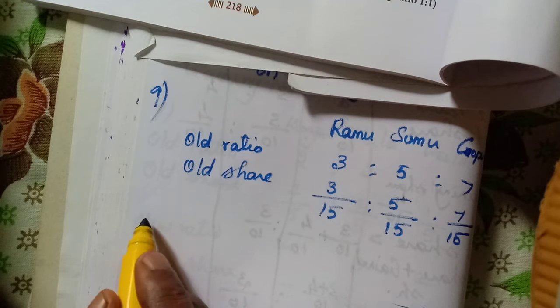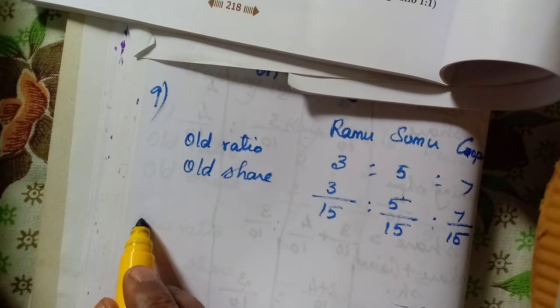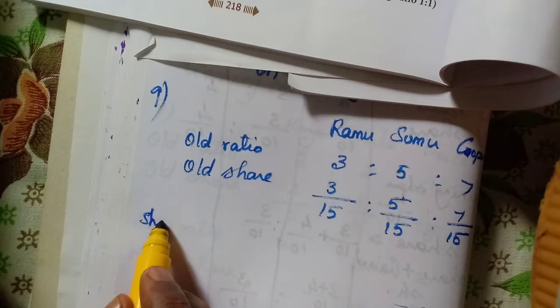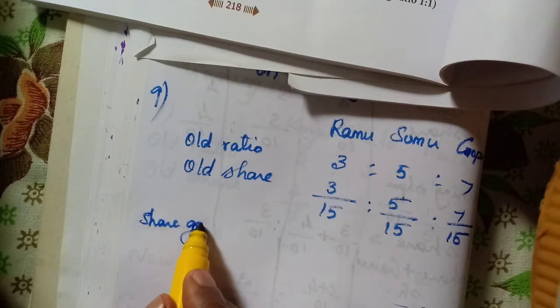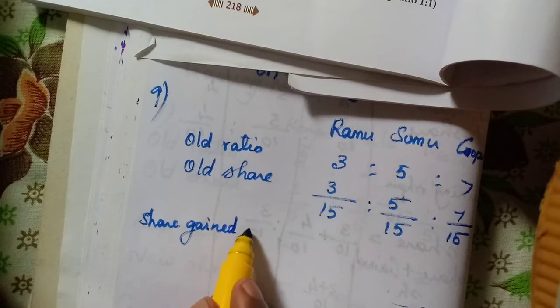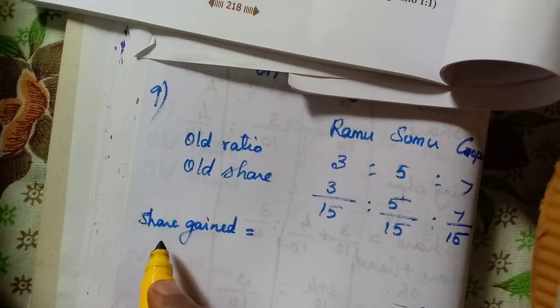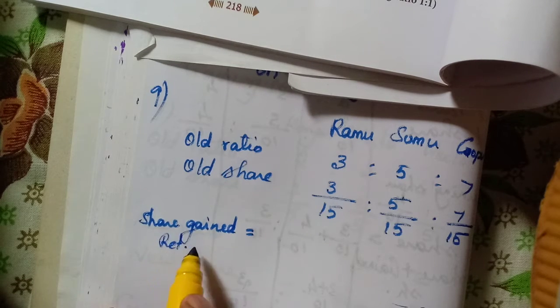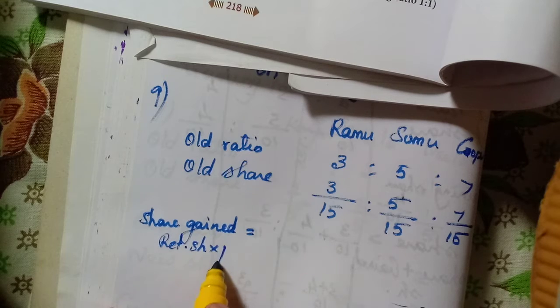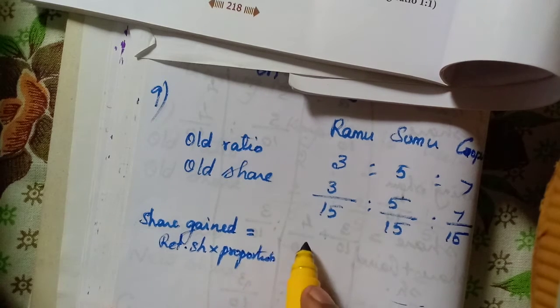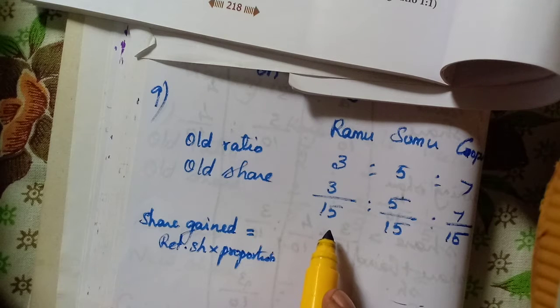Now the proportion, so share gained. We need to calculate. What is the formula? Retiring partner's share into proportion. Who is retiring?